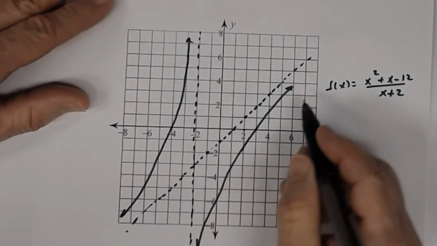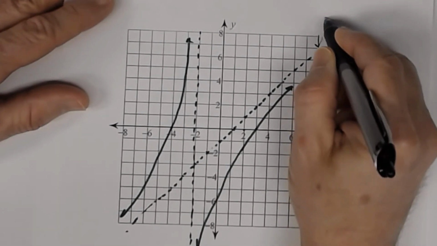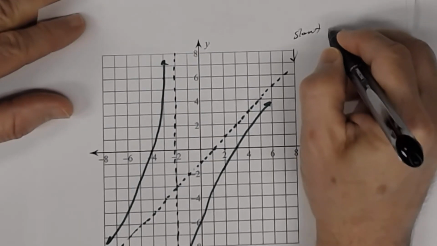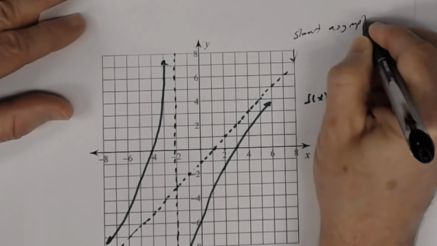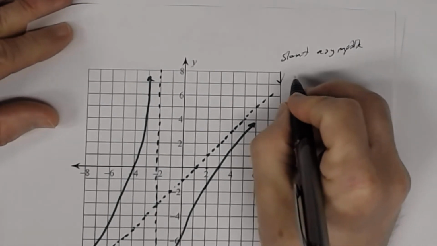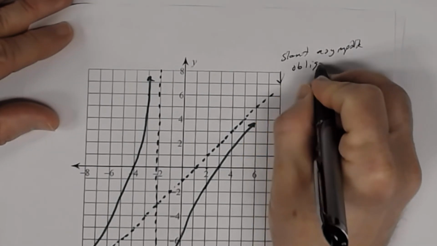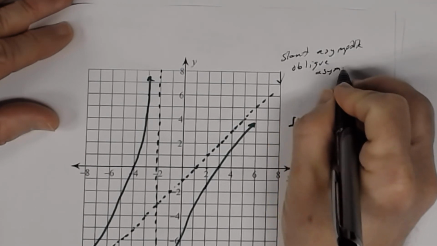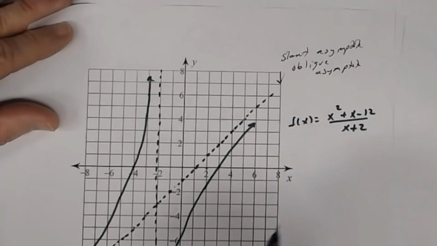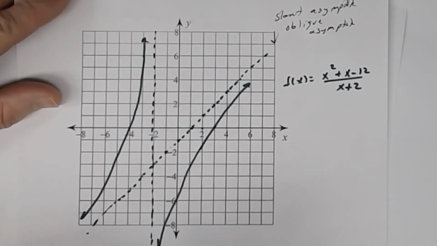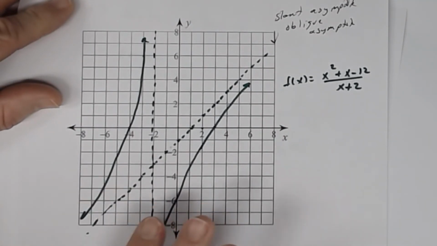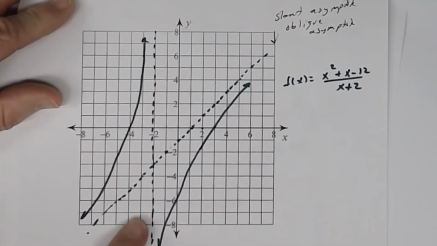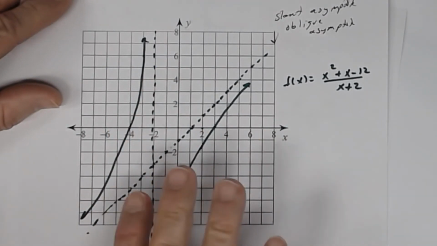This is called a slant asymptote, or oblique, O-B-L-I-Q-U-E, asymptote. Don't worry about how to find it. All I wanted you to know was that when you looked at the graph, here was the vertical asymptote right there. But that's what the graph, a rough sketch of it, looks like.